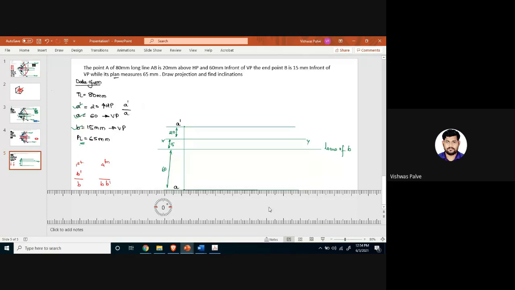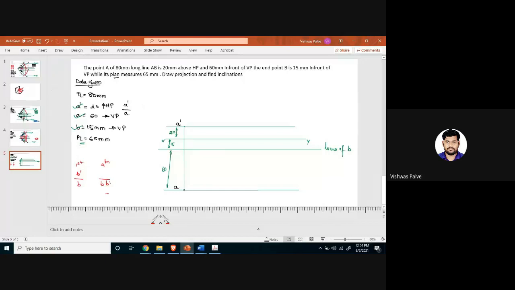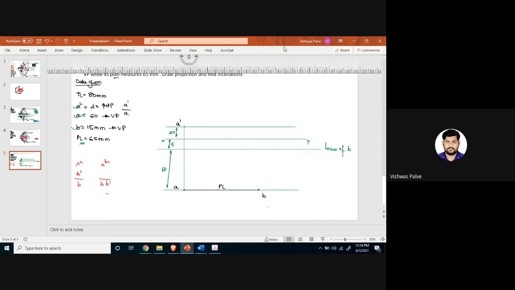So this is my... what will be the notation for plan length? B1 A B1. A B1 is my notation for plan length. Okay, we got it.